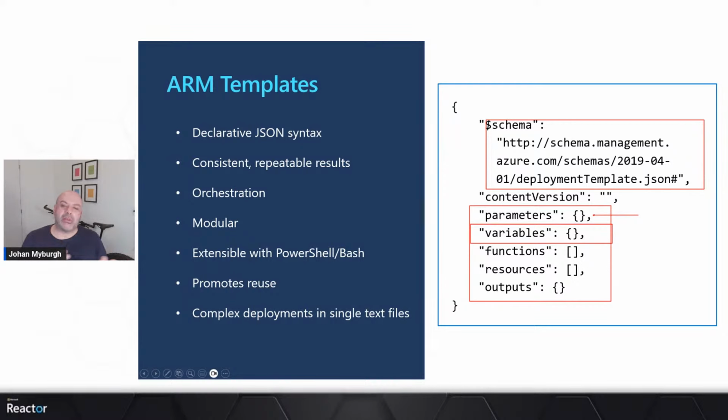So I can map certain parameters or just create a value as a variable and reuse that variable anywhere in my template. We've also got a functions area that I might use for things like concatenating values together. Think, for example, of generating a virtual machine name with a random sort of number behind it, etc.